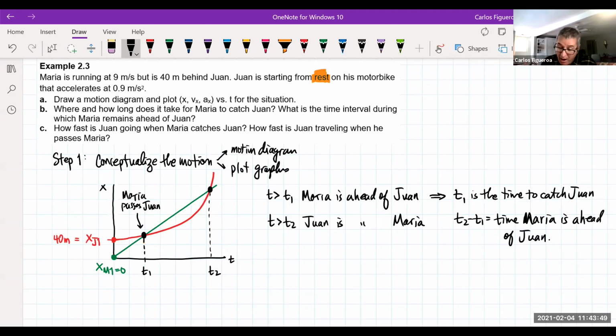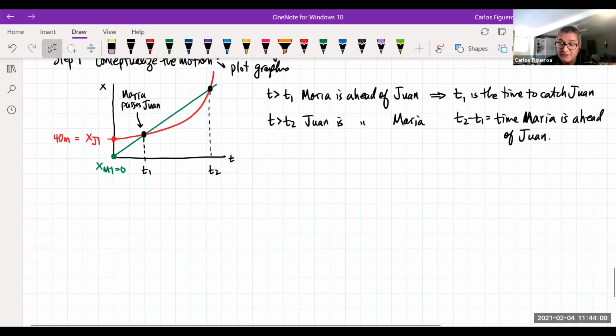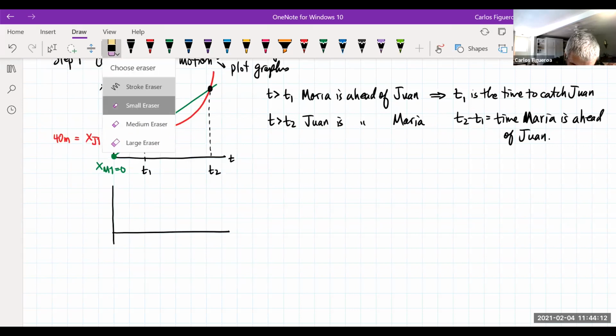So then, if I look at my velocity curves, just to keep moving in this direction, my velocity should be looking like what? I should have a constant velocity for Maria. I'm going to draw this a little bit shorter here.